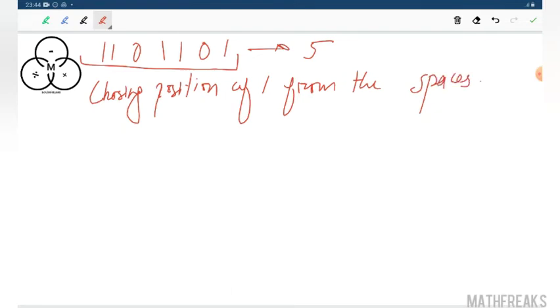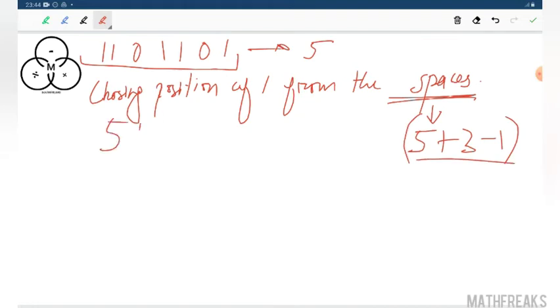How many spaces we are having? Spaces we are having 5 plus 3 minus 1. So this is 5 plus 3 minus 1, choose 5.